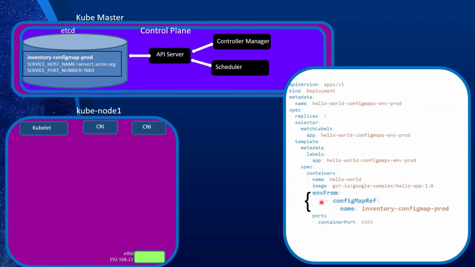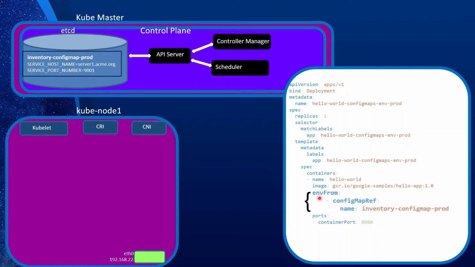In this case, automatically, when the pod is created, Kubelet will read these values from the config map and create environment variables for each. We have 2 key values, so Kubelet will create 2 environment variables that we can consume.